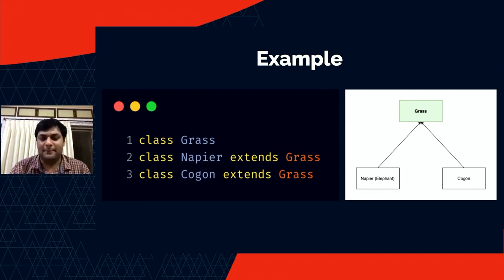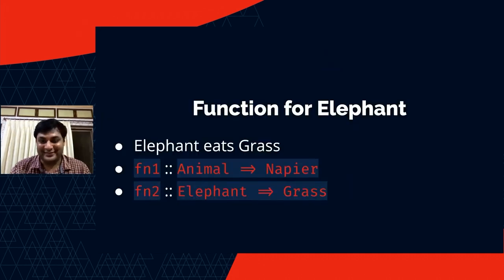Let's start with this example. There is grass, and its subtypes are Napier grass and Guinea grass. Napier is also famous as elephant grass, and we have only one vegetarian in our animal kingdom, the elephant, and we are writing a function for the elephant.